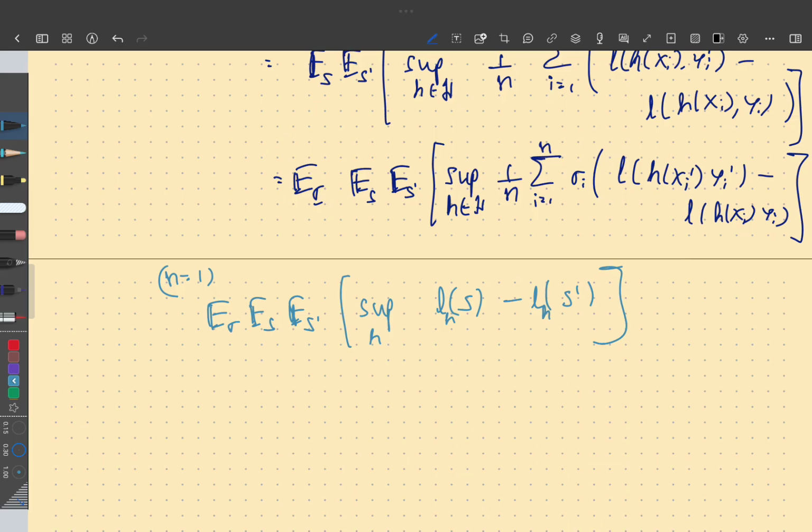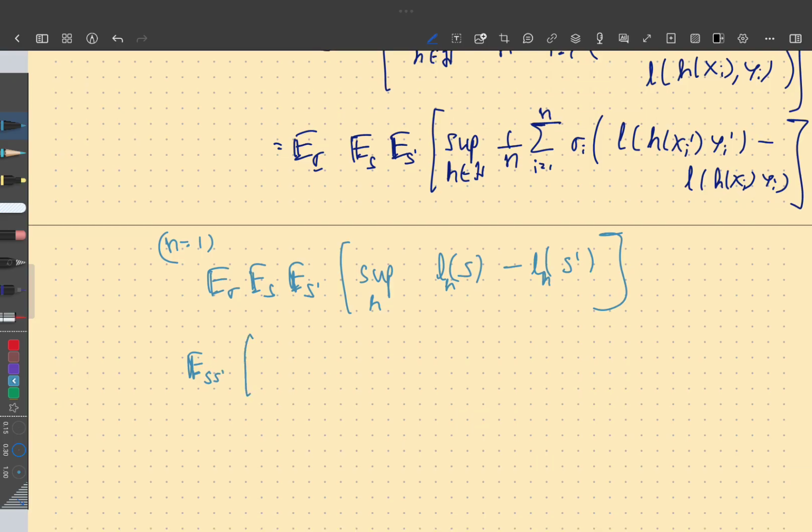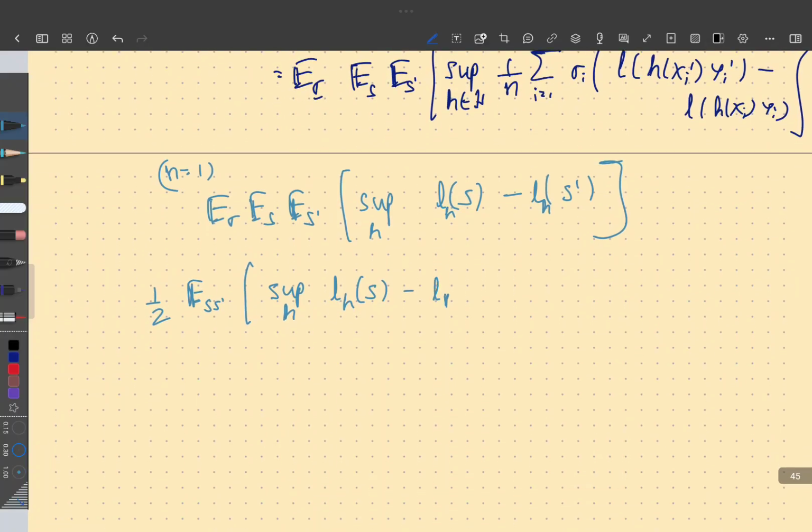Now, if I write this down, this is equal to the expectation over S prime of, let's say, half the supremum over H of LH of S minus... Shouldn't there be a sigma?